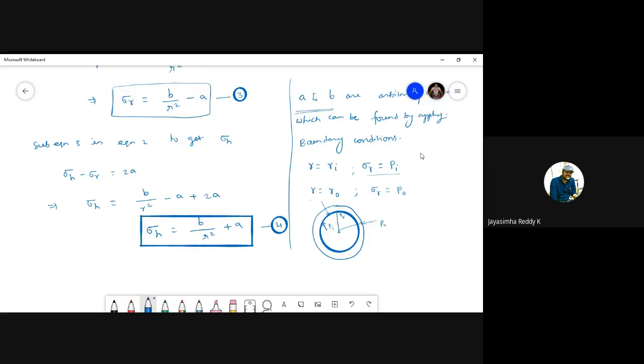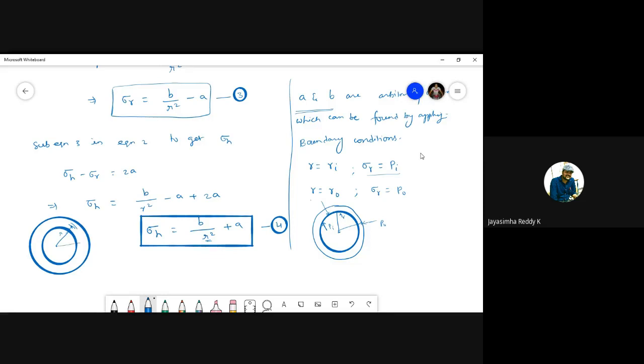So sigma r, the radial stress, and sigma h, the hoop stress, depend on this radius. What is r, students? R is not the radius of the cylinder. It is the radius where we have considered the strip. If you have considered a strip here, this is R. Is it clear, students?